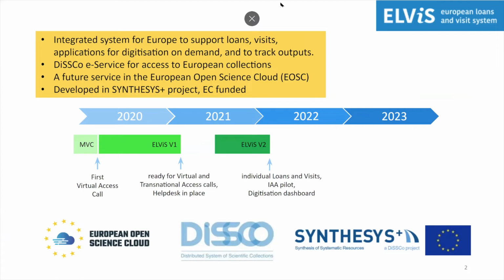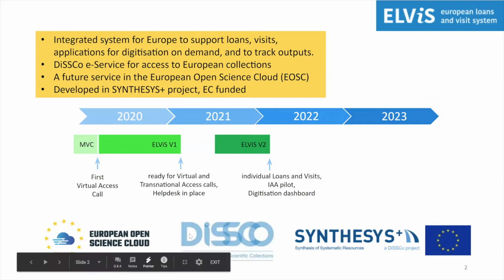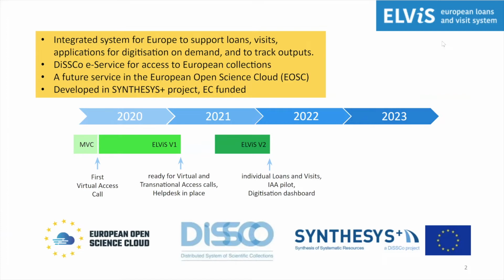The European Loans and Visits System is a system that is currently under development in the Census project, which is funded by the European Commission. It is going to be a future service in DISCO, the new research infrastructure for scientific collections in Europe.